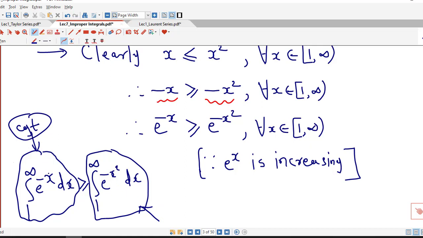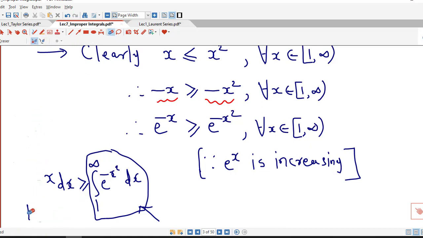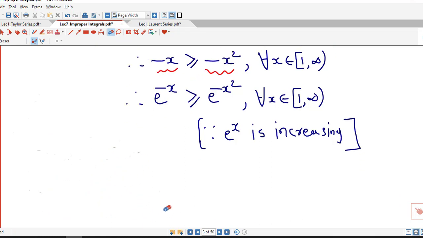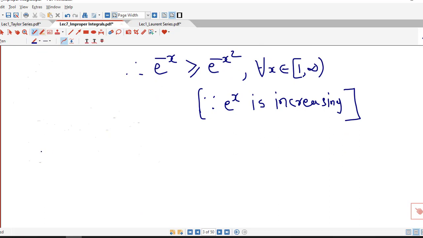So now we will show that this integral, e raised to minus x dx from 1 to infinity, is convergent, so that we can easily prove by the definition of improper integral of type 1, because we know the formula for the integral of e raised to minus x.